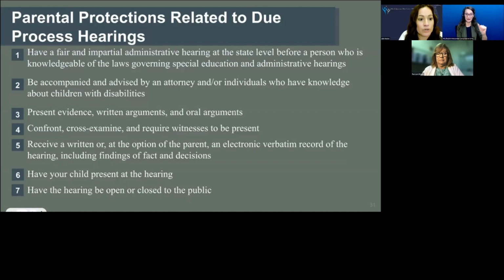Present evidence, written arguments, or oral arguments. Confront, cross-examine, and require witnesses to be present. Receive a written or, at the option of the parent, an electronic verbatim record of the hearing, including findings of facts and decisions. Have your child present at the hearing. Have the hearing be open or closed to the public.